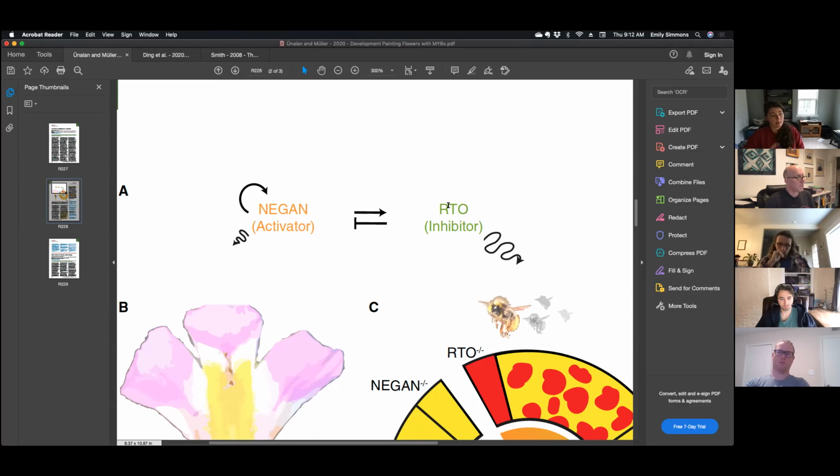Conversely, the inhibitor, when it binds to the promoter region, or, well, it doesn't have to bind to the promoter region, though that's often what people will say, it somehow causes a lack of Negan to be produced. And the piece that's missing is that this RTO we believe also causes a lack of production of itself. So it is also self-inhibiting. And that's the model that we're using in the system that I'm working on right now.